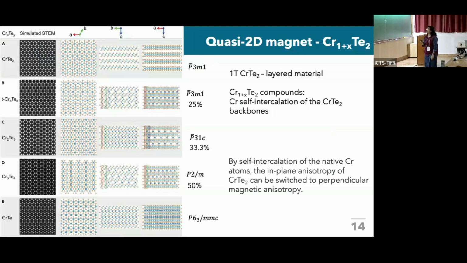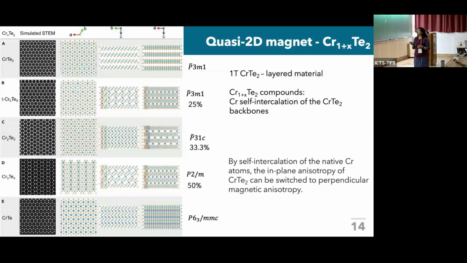So now coming back to the material that we'll be looking at. This is the chromium telluride system, and as I told you, this is a very interesting system because it has a large number of stoichiometric phases. Chromium telluride, CrTe2, is basically a layered material. It has two chromium telluride layers, and what one can do is start including more and more chromium atoms which will intercalate between the two layers.